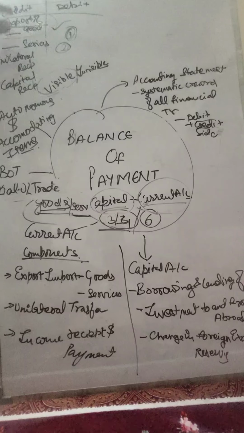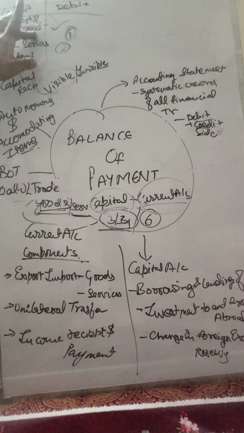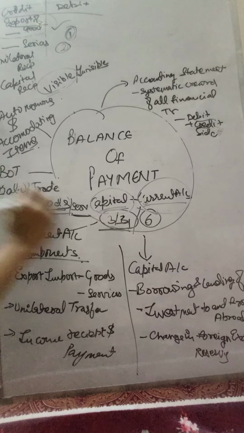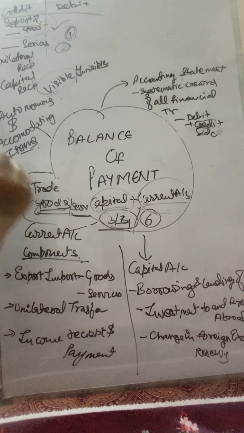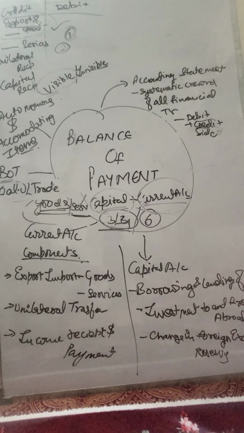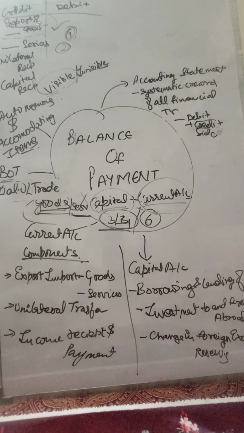Now, goods are traded between country to country, so we refer to them as balance of trade. In the balance of trade account, we do not include services. That's a very important point. Many times you are asked what is the difference between balance of trade and balance of payment.